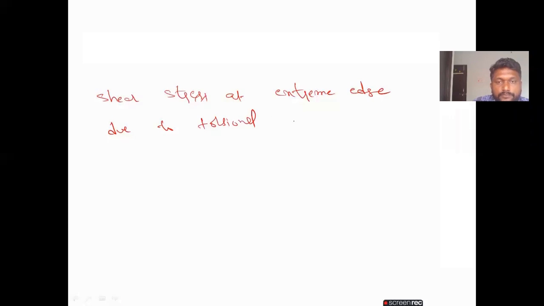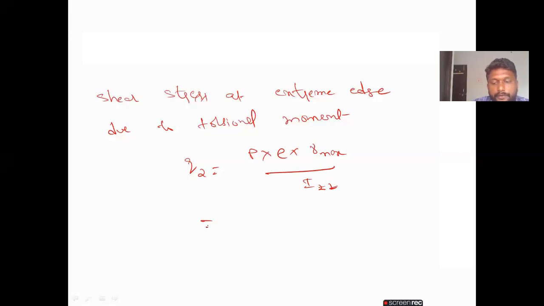And next one, we have to calculate the shear stress at extreme edge due to torsional moment. The Q2 value is P into E into R max by Izz. The P value is the unknown P into 1000.